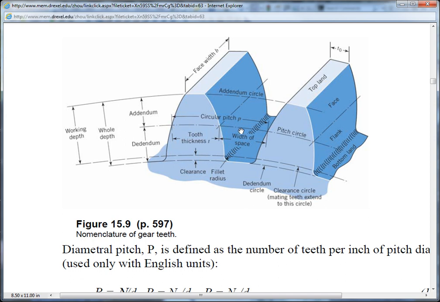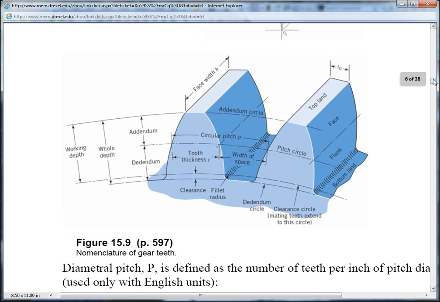If you have, for instance, a 20-tooth gear, you'd have to have 20 spaces, and you can calculate the circumference of the pitch circle. Just divide that by the number of spaces. Anyways, that thickness turns out to be pi divided by 2p.